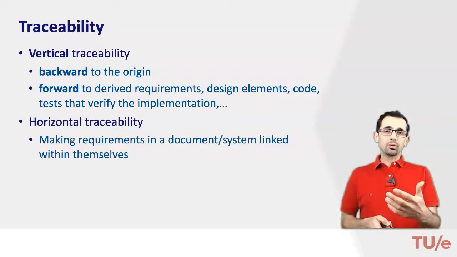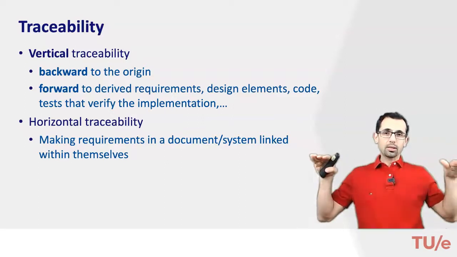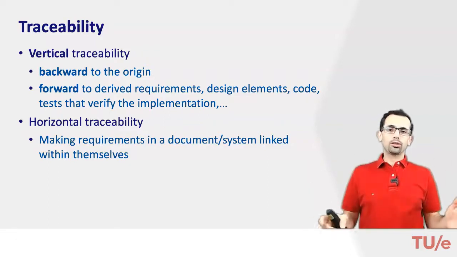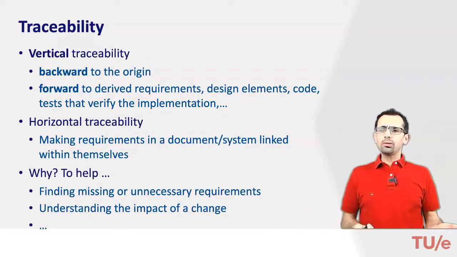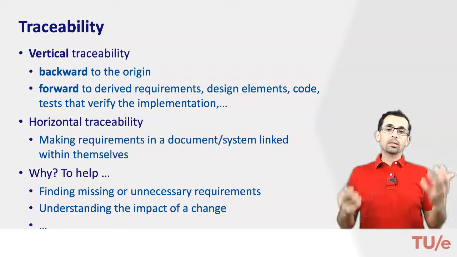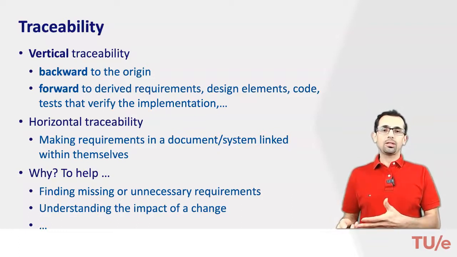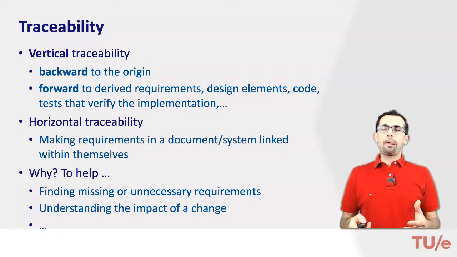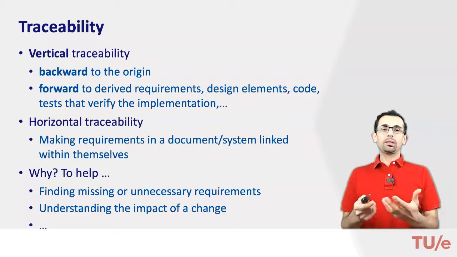Horizontal traceability, on the other hand, is about establishing traceability links between the requirements in the same collection. Okay, why do you establish traceability in the first place? It helps finding missing or unnecessary requirements. It helps understanding the impact of a change. As I mentioned, we know the requirements will change. So what we'd like to have is to avoid inconsistency.